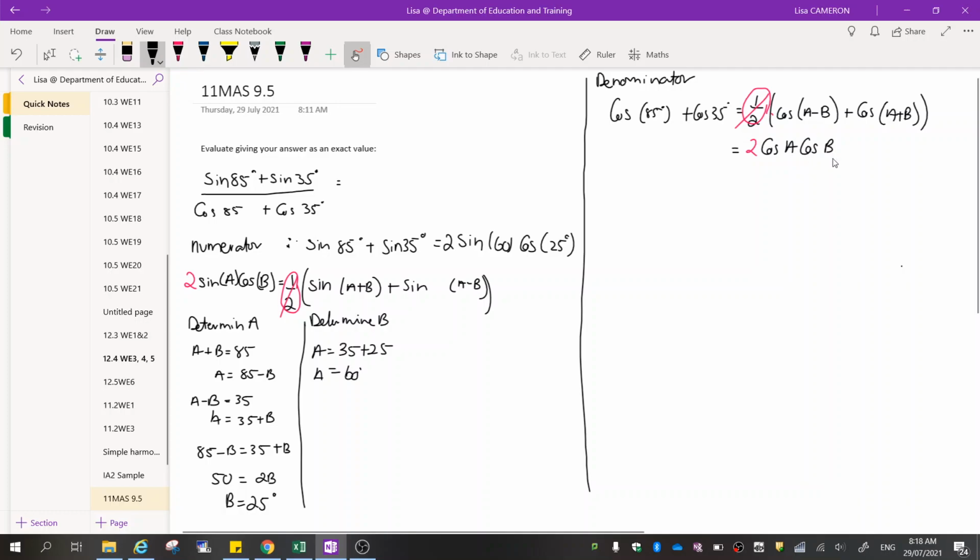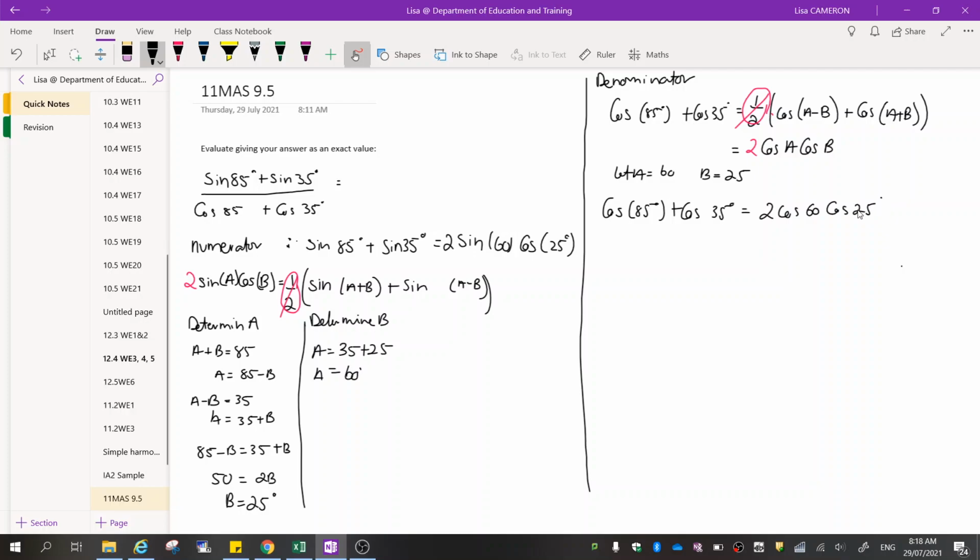Now I can use my values of A and B from over here because they'll be the same. So let A equal 60 and B equal 25. So now on the denominator, cos 85 degrees plus cos 35 degrees is equal to 2 cos 60 cos 25.